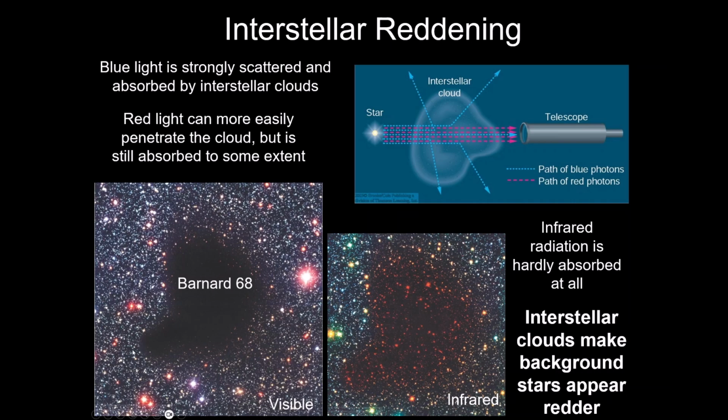Well, Barnard 68 is in a balance. Gravity is trying to compress it, and thermal energy is trying to make all the atoms disperse away. So there's generally a balance. If we were to watch this cloud over a long period of time, millions of years, we would see it morph into different shapes as it floats through our galaxy.